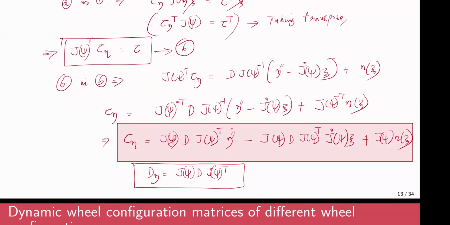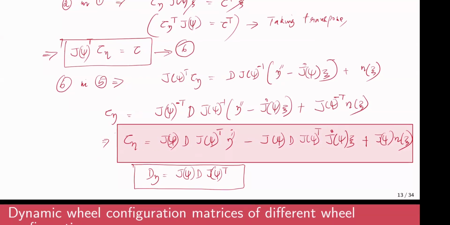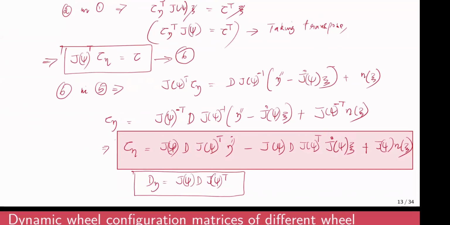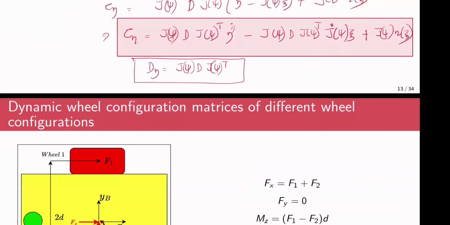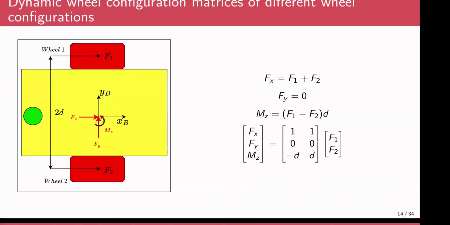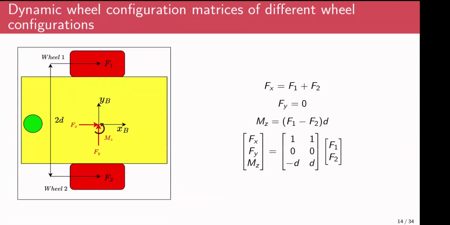Okay, so that's how you translate the equations of motion from the body fixed frame of reference to the inertial frame of reference. Another small aspect that I would like to consider is the dynamic wheel configuration matrices for different wheel configurations.